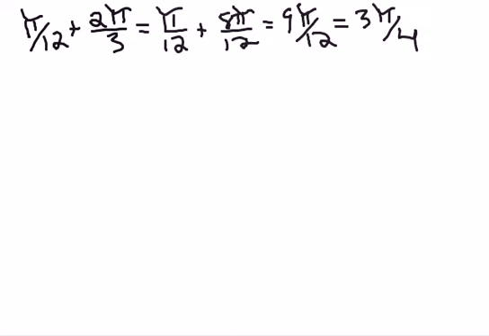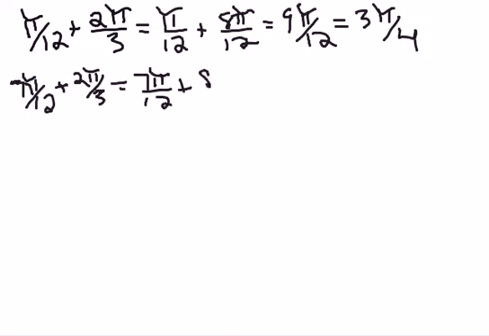So there's another answer. Then I do the same thing for my second answer, 7 pi over 12. Add an increment of 2 pi over 3, which is the period. It's the exact same process, but now there's a 7. That gives me 15 pi over 12, which simplifies to 5 pi over 4.